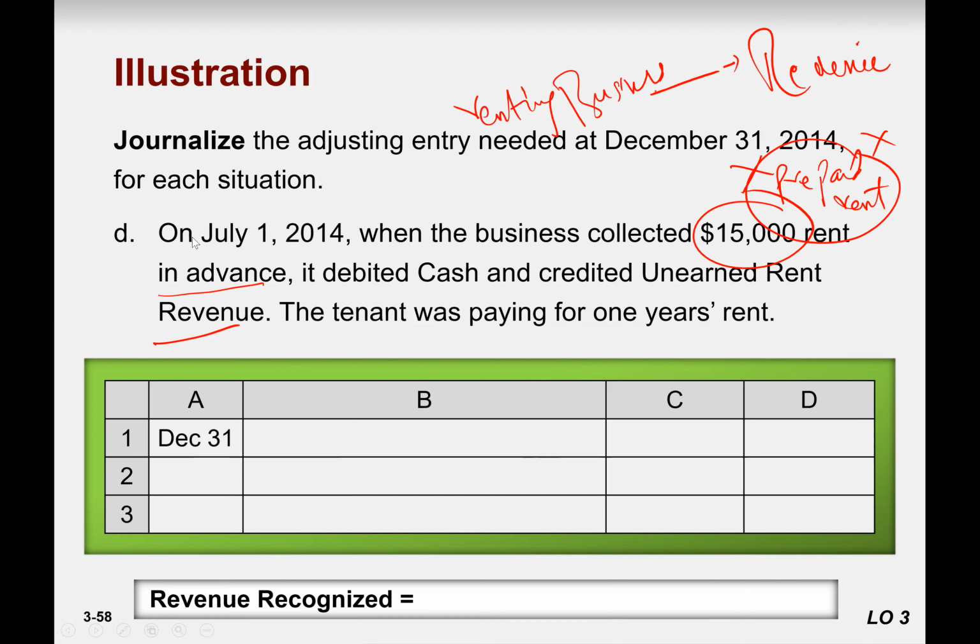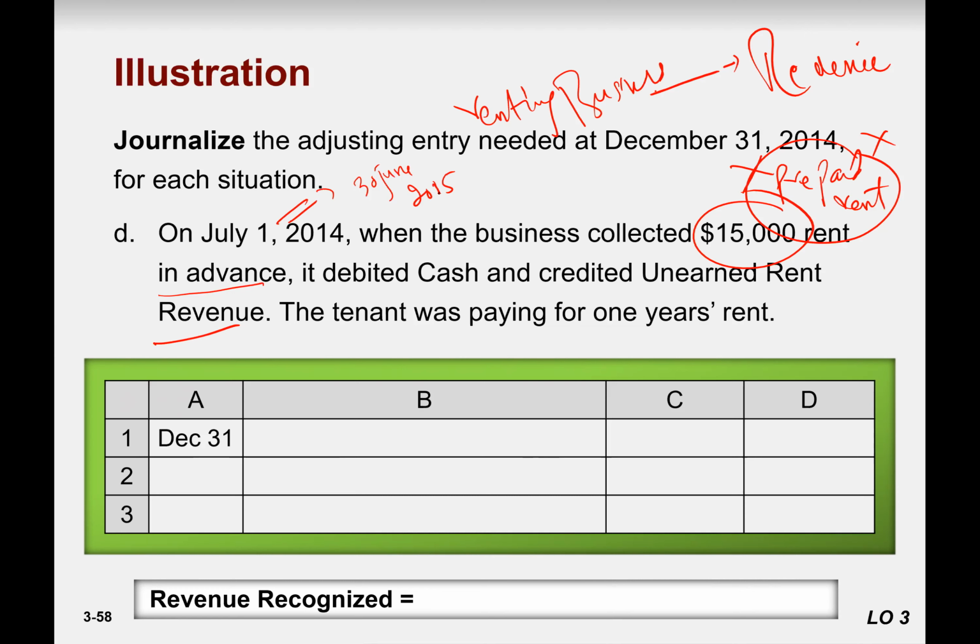So here on July 1st, 2014, when the business collected 15,000 rent in advance, it debited cash and credited unearned income. The tenant was paying for 1 year's rent. So the 1 year rent is going to be until 30th June 2015.